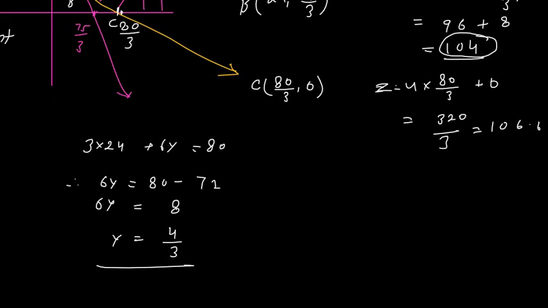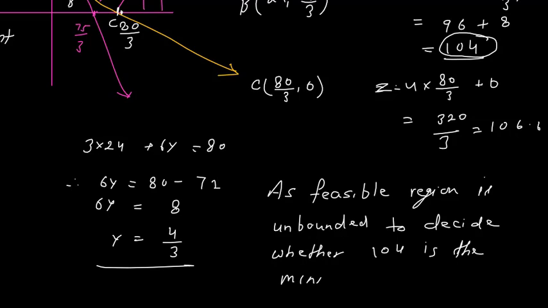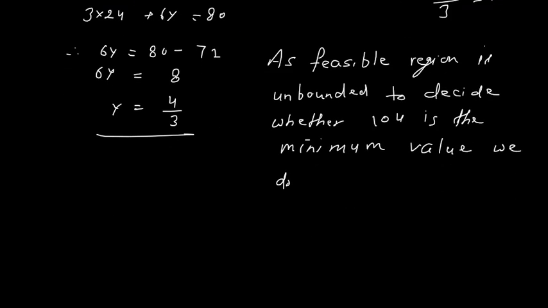So here I will say that as the feasible region is unbounded, to decide whether 104 is the minimum value, we draw an equation. So for this we draw an equation.